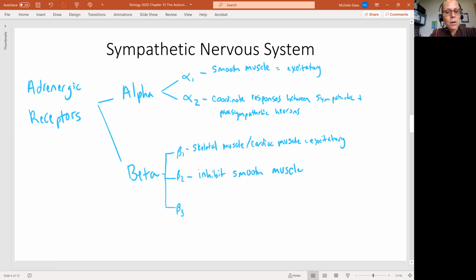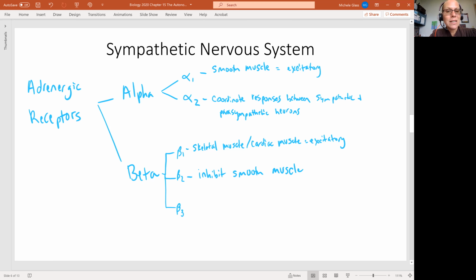So an example here might be the beta 2 receptors might be found on smooth muscle in the digestive tract, whereas the alpha 1 receptors might be found on the smooth muscle in the blood vessels going to the digestive tract.